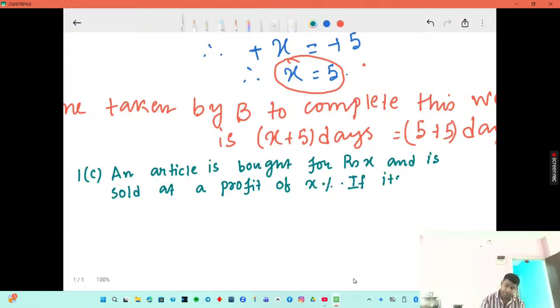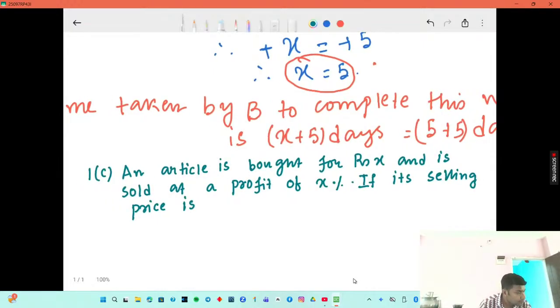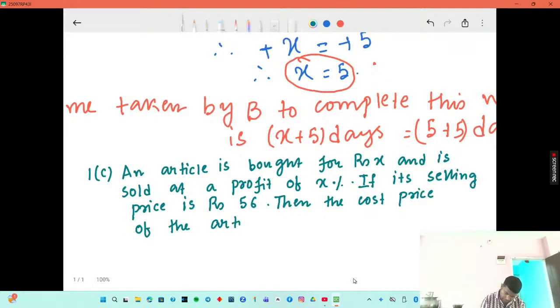then the cost price of the article is. So, what is the question given?